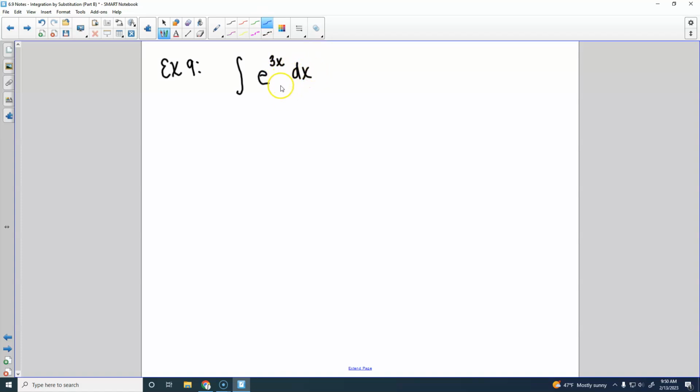So what could we use for our u? 3x. So u is going to be 3x, which means du is just 3 dx. And it's good whenever we can get something where our derivative is just a number so that we can very easily add that 3 right there, as long as we also put the 1/3 out front.